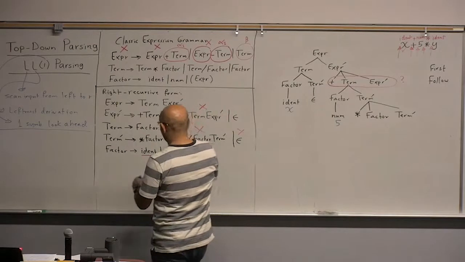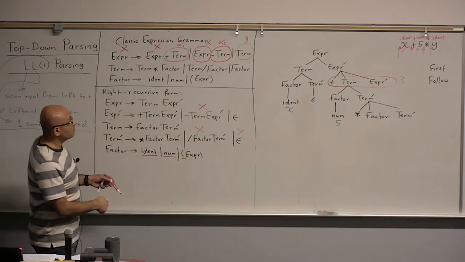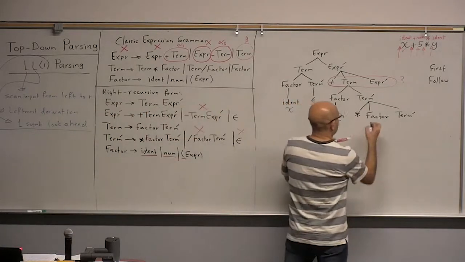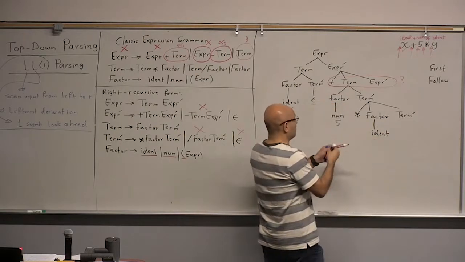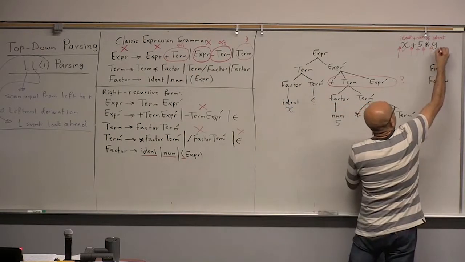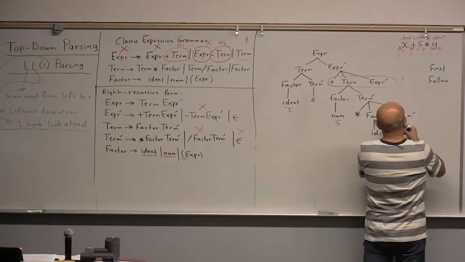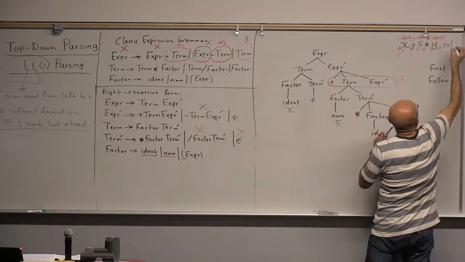So now for factor, what's the correct substitution? I'm seeing an identifier, so it's an identifier. And I have consumed everything now. So in fact, what I'm looking at is the end of file. There is an end of file at the end of each string.